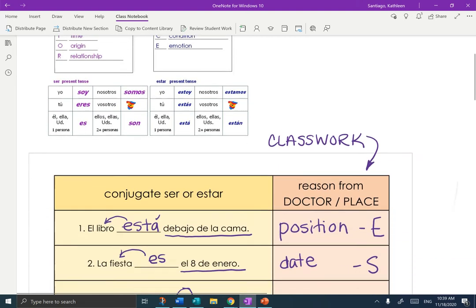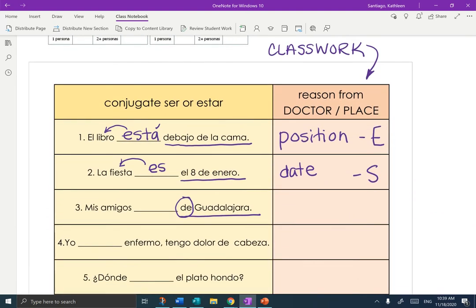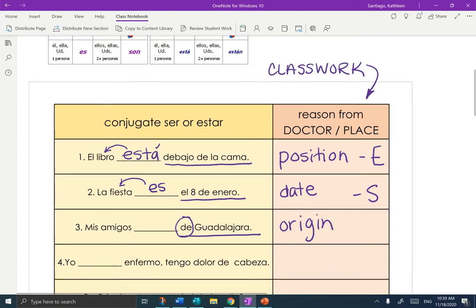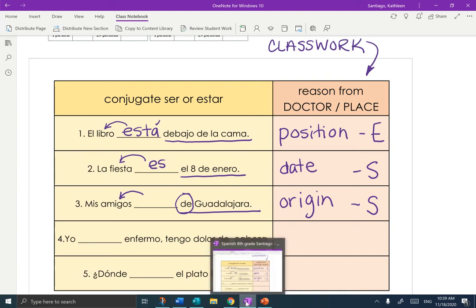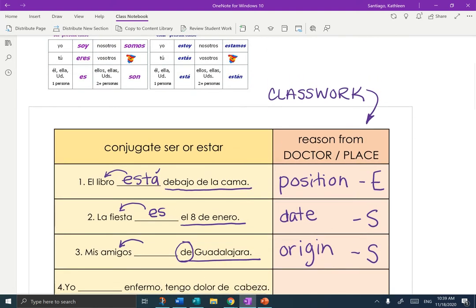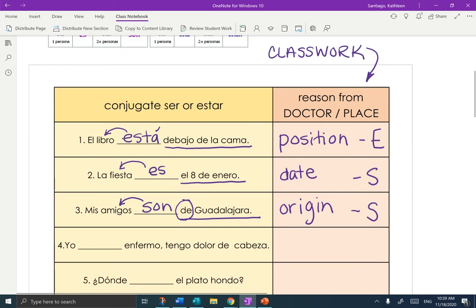It's not a location or a place, but an origin. So I'm going to write origin. Origin means that it's ser. So I'm going to write an S for ser. Now I'm going to conjugate ser to match mis amigos. More than one amigo would be son. Mis amigos son de Guadalajara.